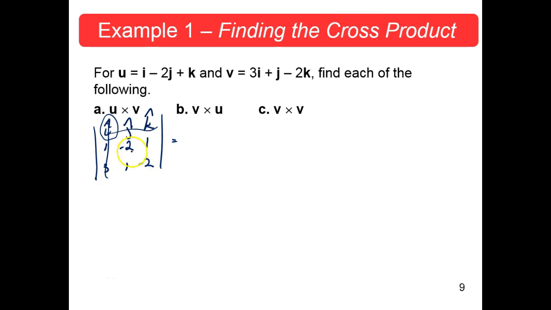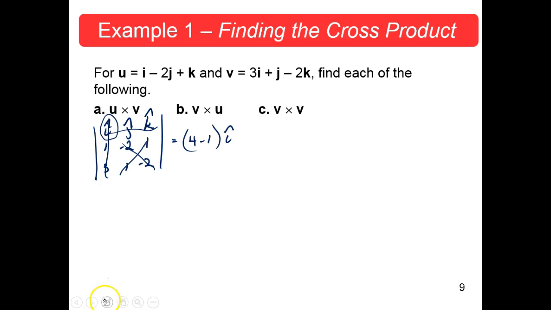It'll be 4. 4 and 1. This one is 4 minus that one. 4 minus 1. Oh, 3. Yes, 4 minus 1 is 3, and that would be your I component.